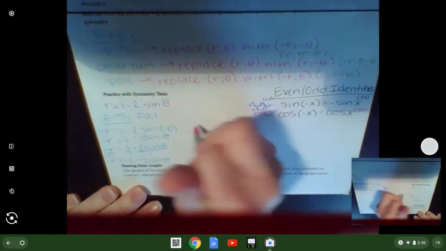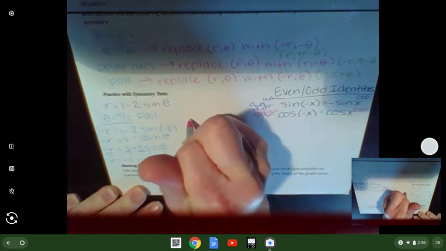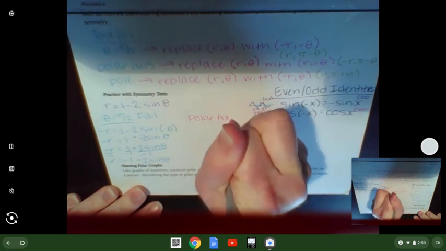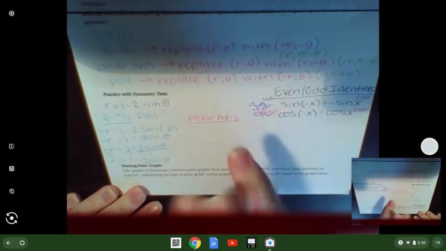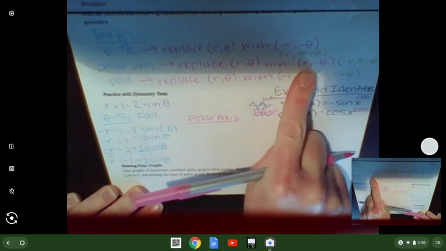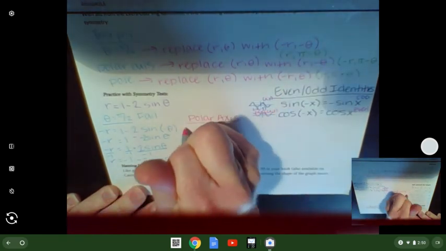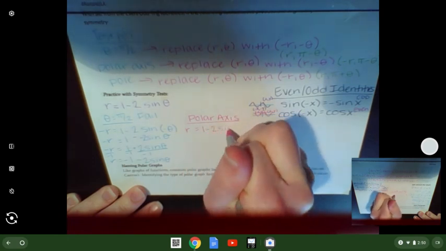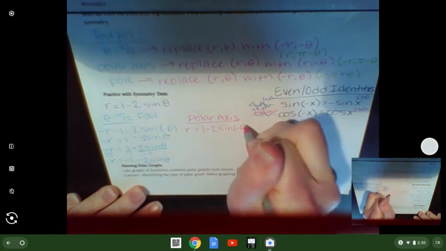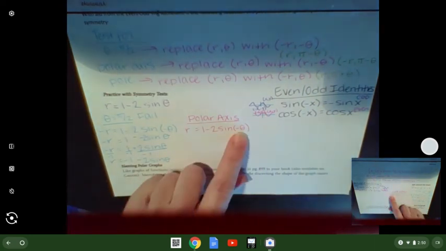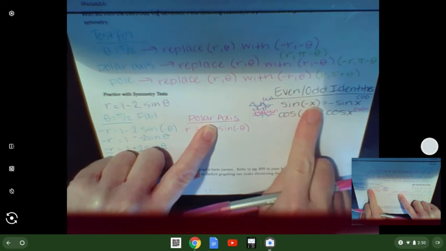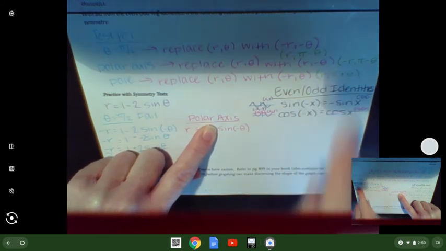Now we're going to try for the polar axis. So we are going to try our polar axis test. And the polar axis test says replace (r, theta) with (r, negative theta). So r and negative theta. Now, using the even and odd functions, we know how that negative theta is going to simplify. A negative theta, plugging in an opposite input for sine, gives me an opposite output because we are odd.